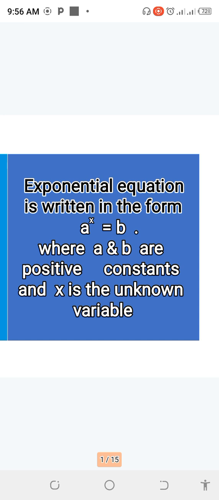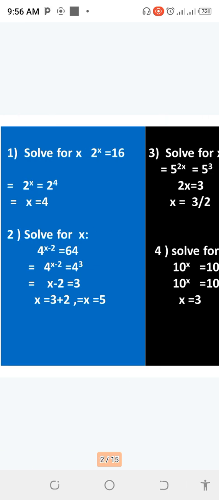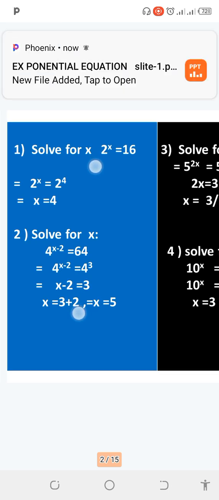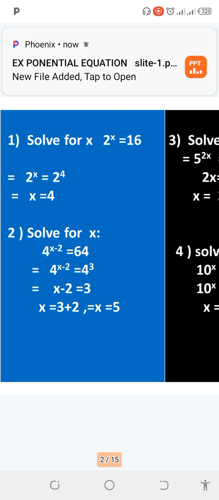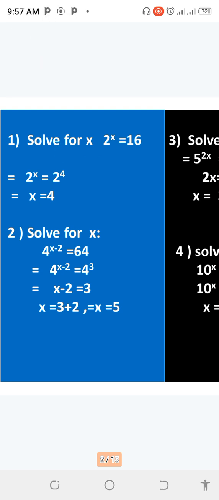Without wasting time, we are going to take a look at some practice on exponential equation. Now, this is the first example. The first example says solve for x: 2 exponent x is equal to 16.